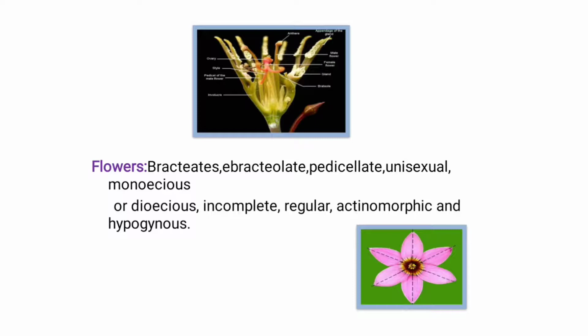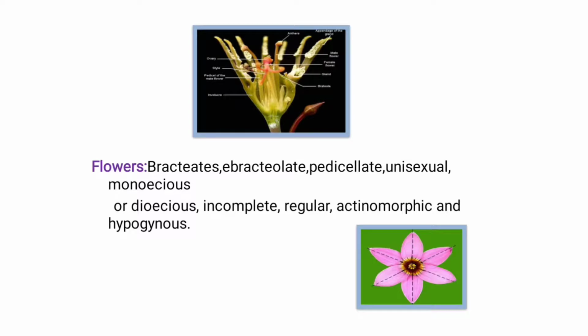The bract is present, so it is known as bracteate, but the bracteoles are absent, so known as ebracteolate. Then the pedicel is present, so known as pedicellate. Unisexual, it means the flowers are monoecious or dioecious. It means sometimes the male and female are on the same branch, so known as monoecious, and either on different plants, so known as dioecious.